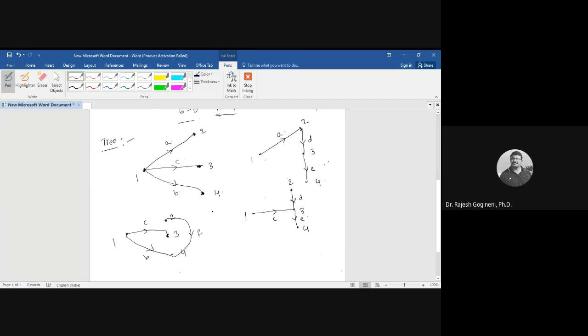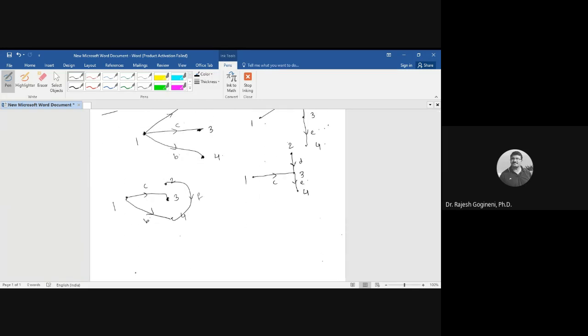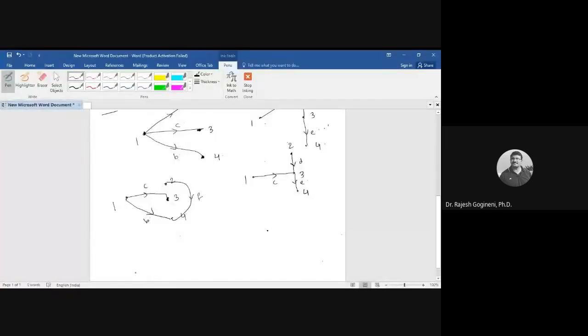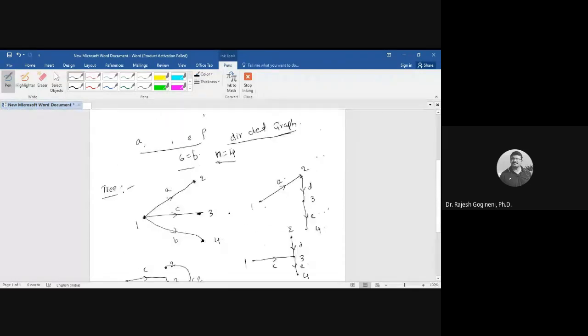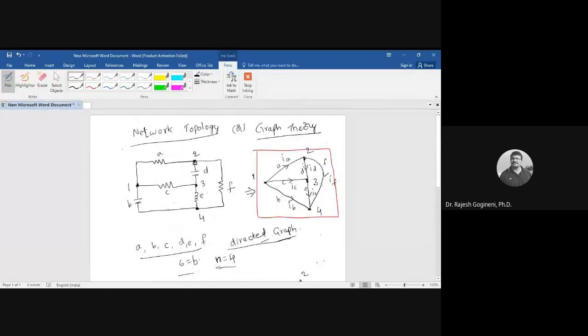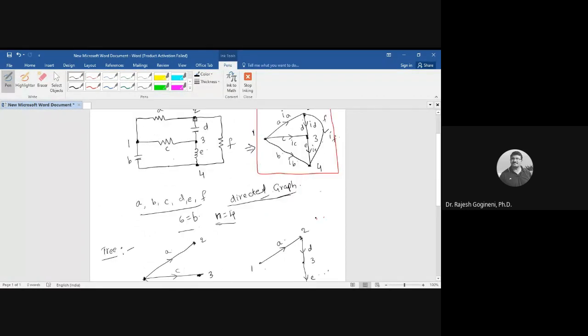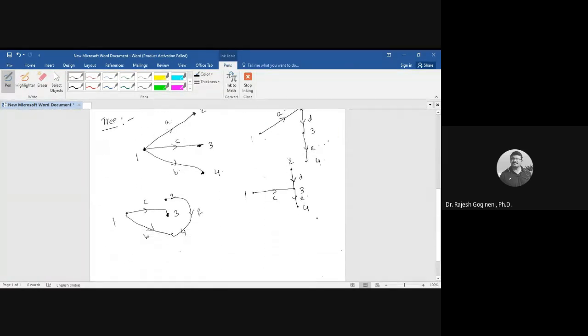There is no closed path. CEF, right? CEF is also a tree. Okay, so write that. We can write any number of trees for a given network, right?